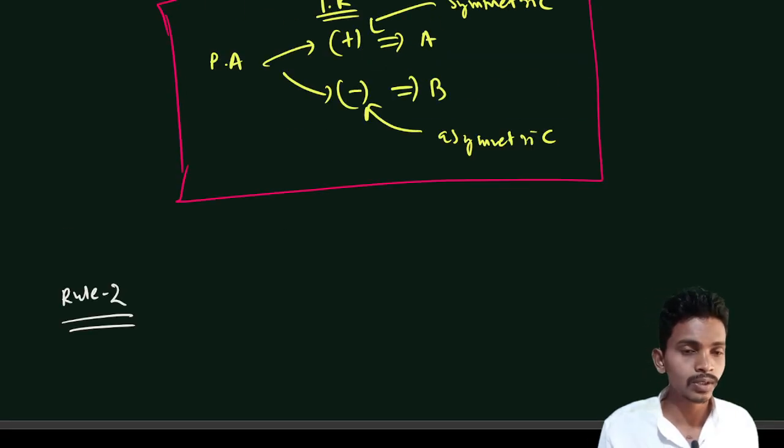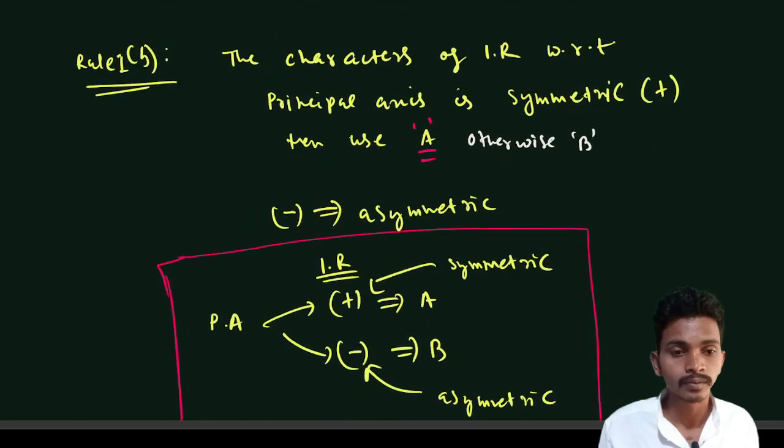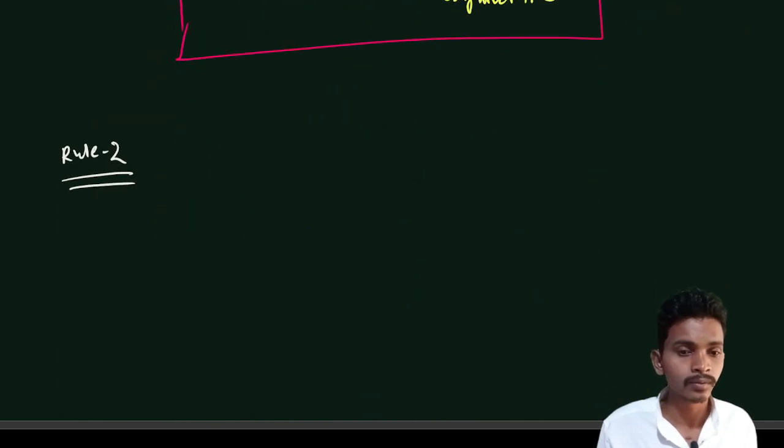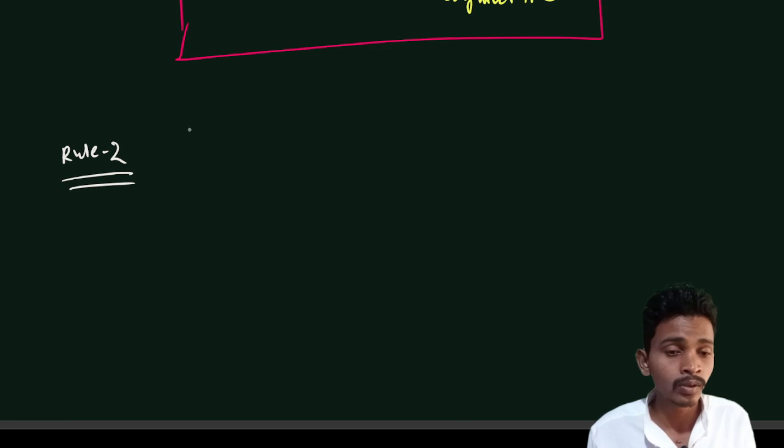So what does rule 2 say? Now we have discussed the principal axis, now the subsidiary axis.